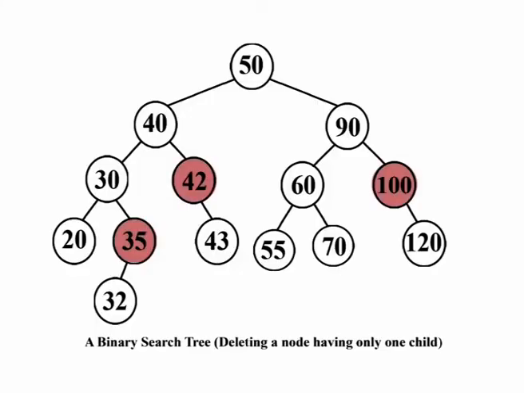For example, the items 35, 42 and 100 in the binary search tree shown here have only one child. Here, to delete the item 42 from the tree, the node 42 will be replaced by its only child 43. Technically, the right pointer field of node 40 is set to the address of node 43, which is in the right pointer field of node 42.